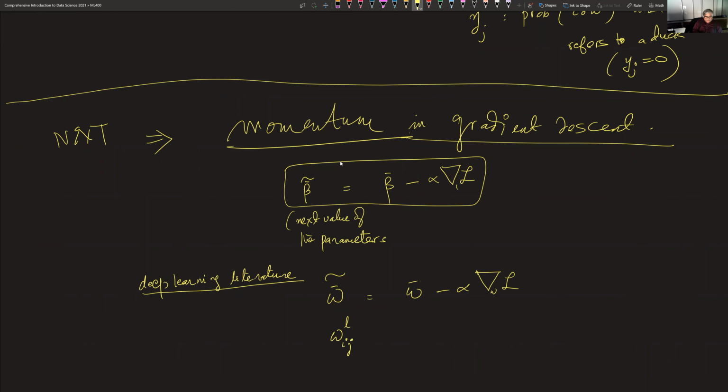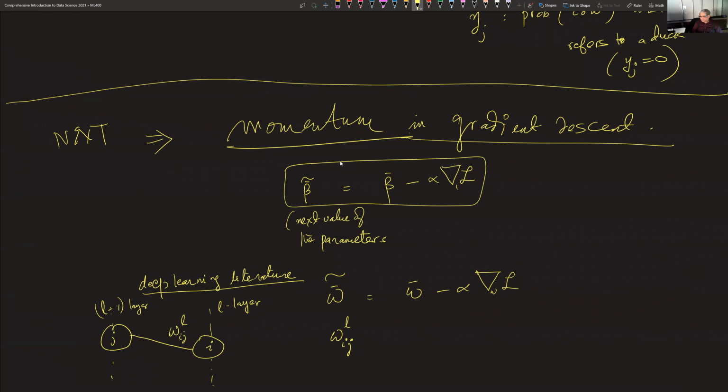So suppose I have in the layer L, just the ith node, and then in the L-1 layer, there is a jth node. So the weight associated with this edge is Wijl.